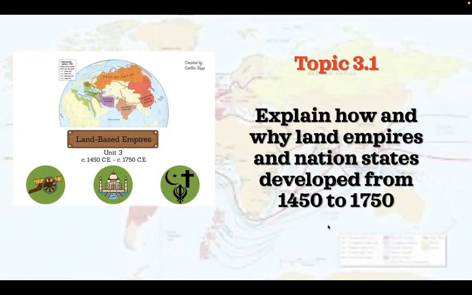So, when we talk about explaining the how and the why land empires and nation states develop from 1450 to 1750, we talk about the how, the use and perfection of gunpowder weapons, especially cannons, which gave these groups the advantage to take over the areas that they took over.